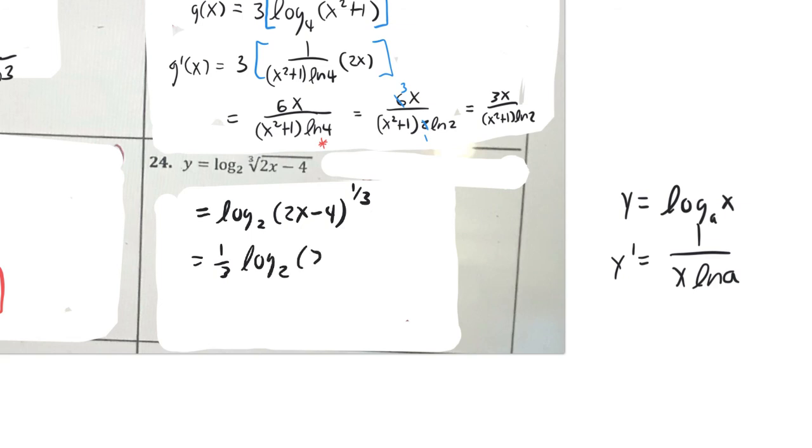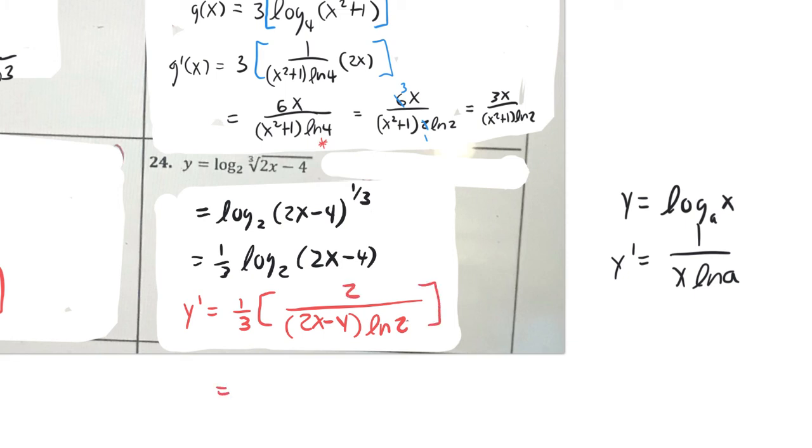So we have this, and then we'll just proceed in the exact same way. So we're looking at y prime is equal to 1/3 times 1 over 2x minus 4 times ln of 2, and up top is going to be the derivative of 2x minus 4, which is just 2.